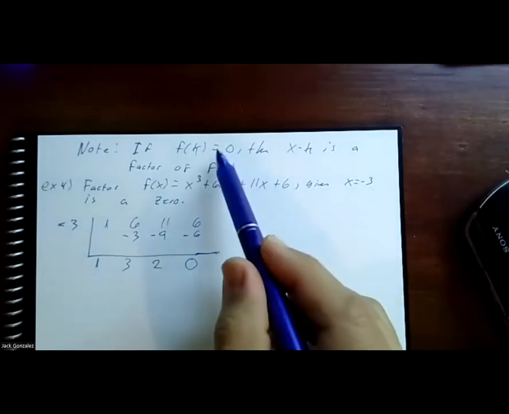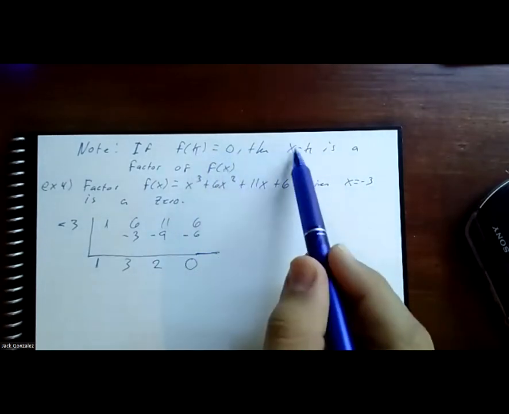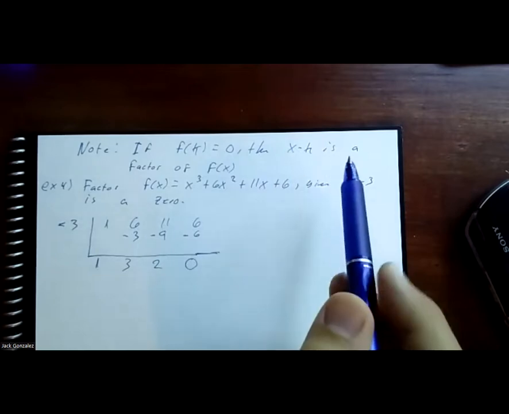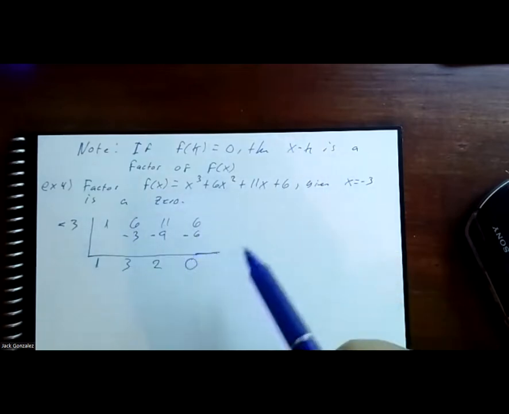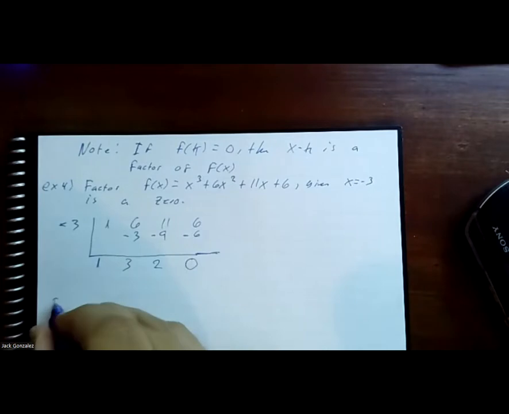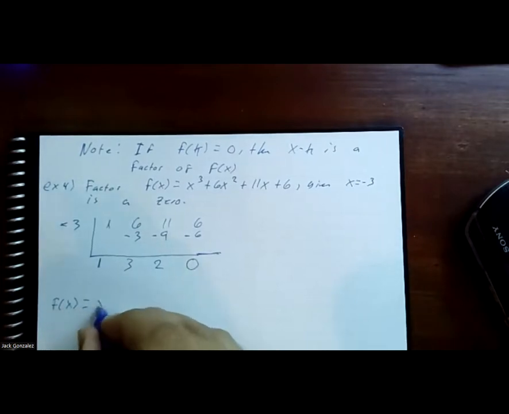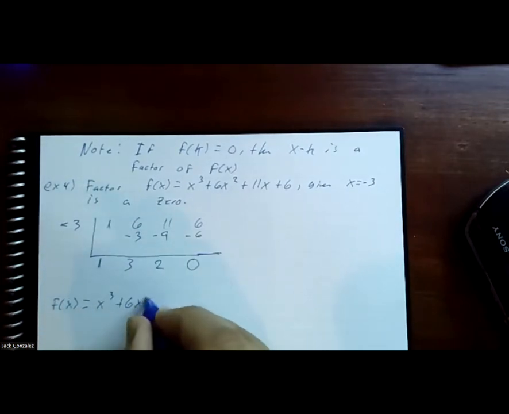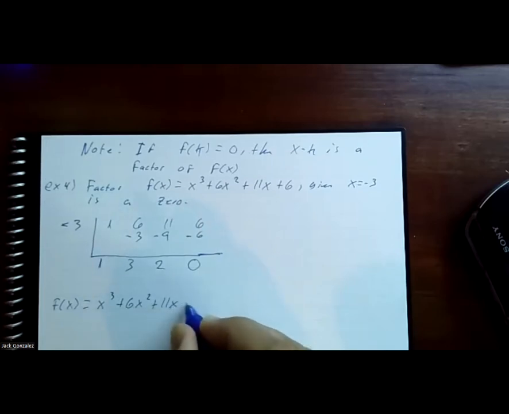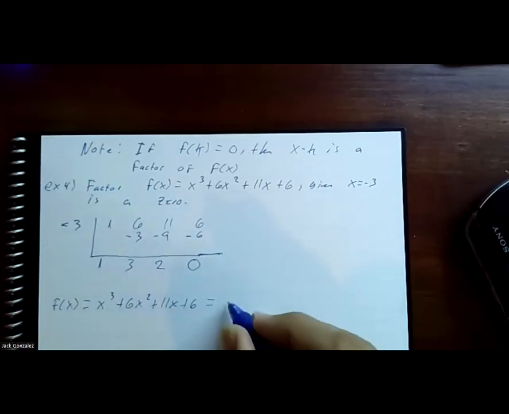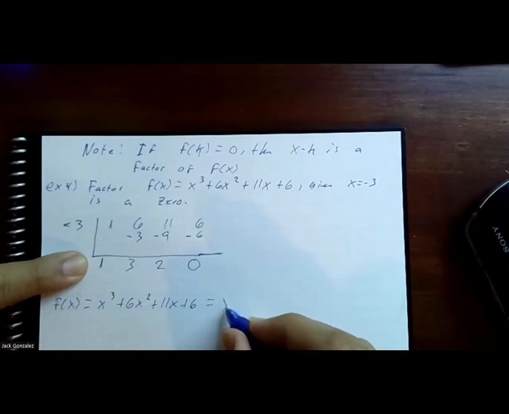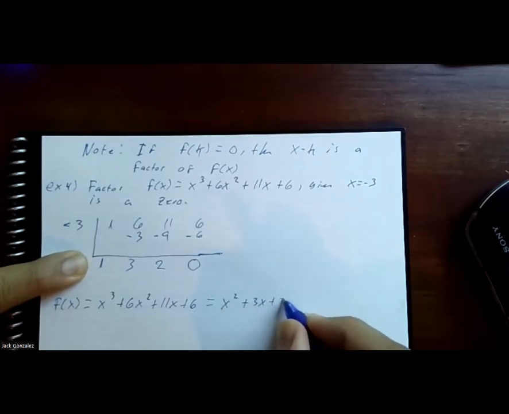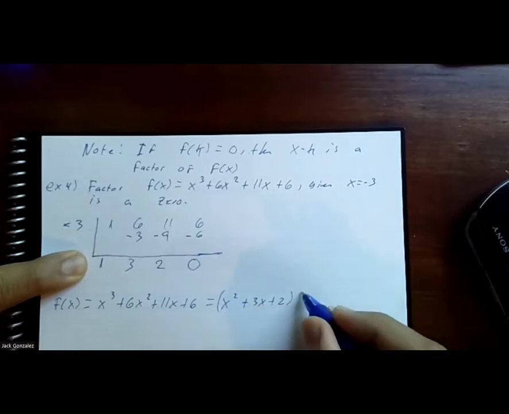So we said that if f of k is 0, then x minus k is a factor. So when you get a 0, what you can do is rewrite the original as equal to this piece, a squared type, times the divisor that I used.